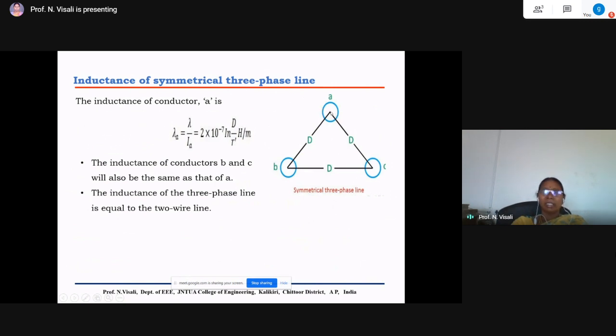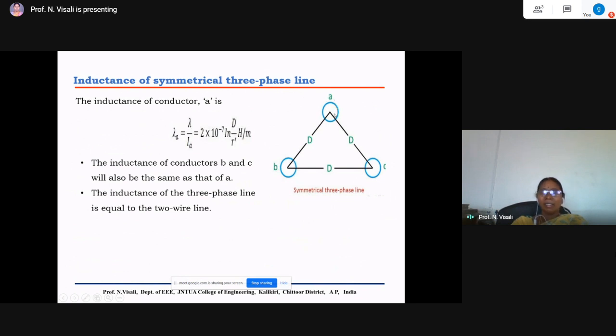Let us take conductor A. The inductance is lambda by IA. Actually this is LA; it was mistakenly given as lambda A. So LA is nothing but lambda by IA, which equals 2 into 10 to the power of minus 7 ln d by r dash henries per meter. Like this, we can calculate the inductance of each conductor.